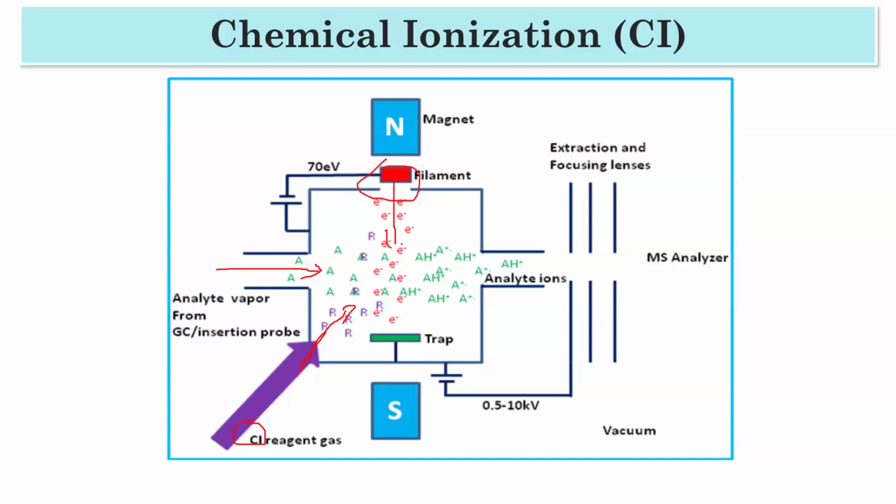Some electrons will be released, and then this will hit the reagent gas, and this reagent gas will be ionized. Then your analyte, because they will hit each other, will also be ionized, and then you will get your ions which will move to the mass analyzer.